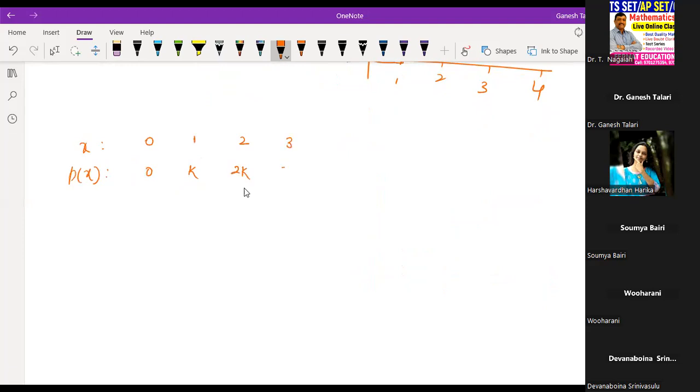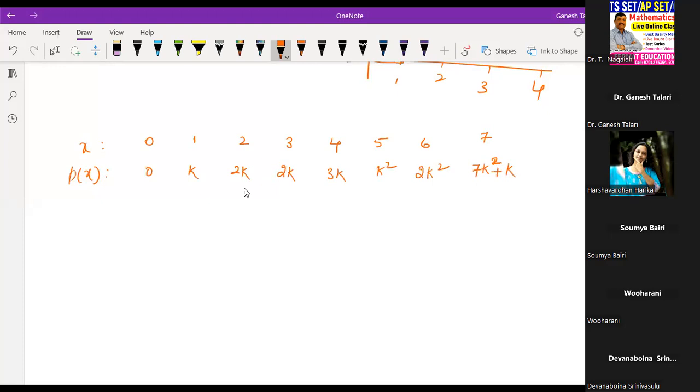If it is 3, probability will be 2k again. If it is 4, probability will be 3k. If it is 5, probability will be k square. If it is 6, the probability will be 2k square. If it is 7, your probability will be 7k square plus k.